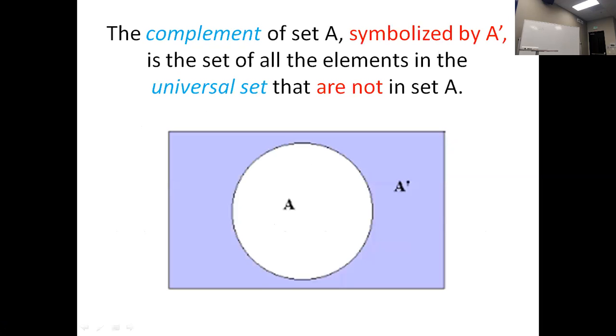Now, I think when we come to diagrams and visualization, it helps. Here you have a picture, a rectangular picture, with a circle in the middle. The circle area is called A. Whatever is not in A is called A prime, not A. The rectangle would be the universal set. Both of them together form the universal set.